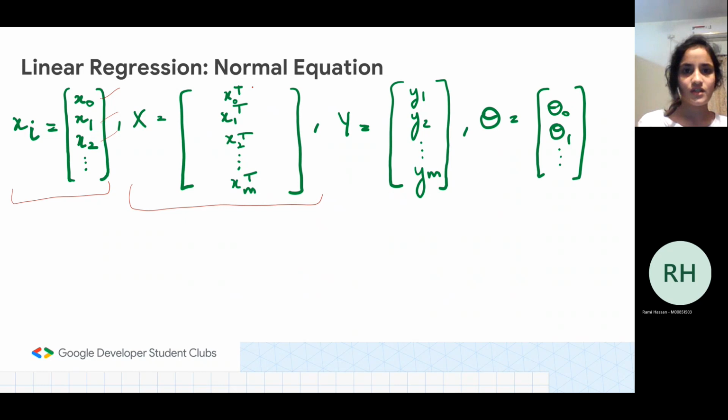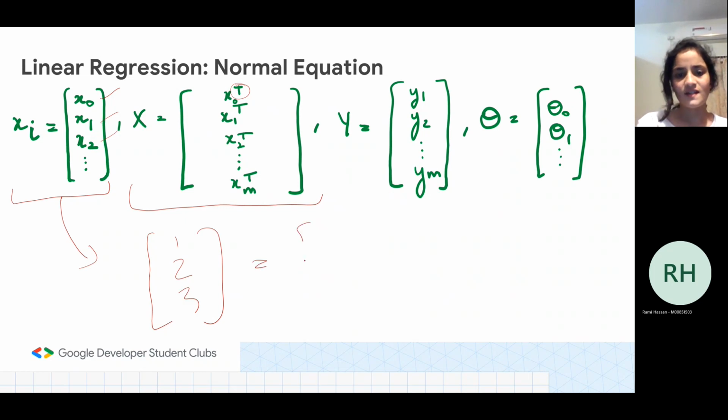Okay. Now transpose, if you don't remember what that means, just turns all the rows into columns or columns into rows. Suppose now i is shaped like this, right? Suppose I have 1, 2, 3. What transpose is going to do is just make it into a row, 1, 2, 3.